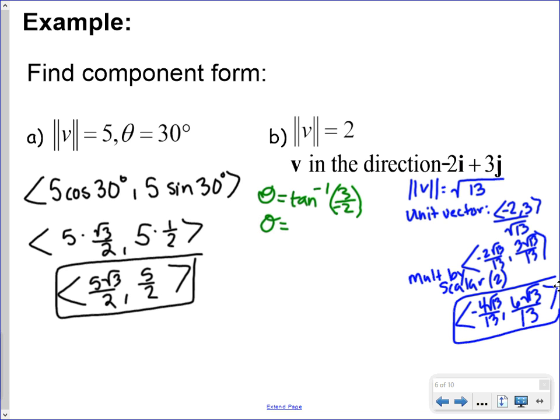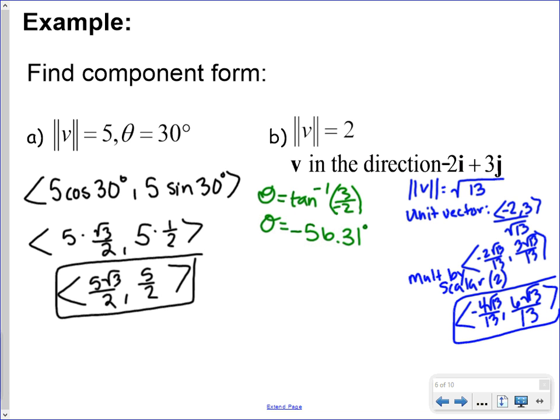Anybody? I think it's negative 56.31. Okay, 56.31.